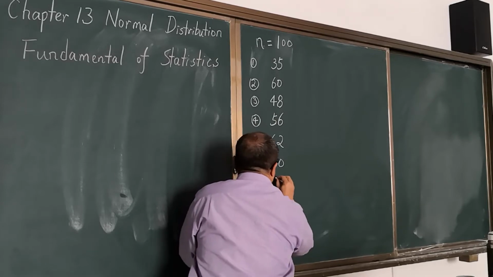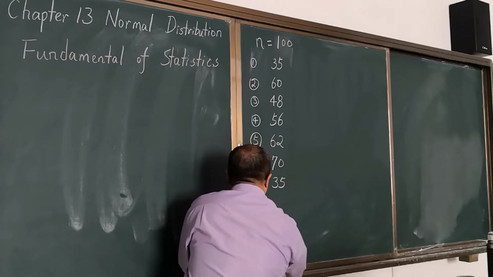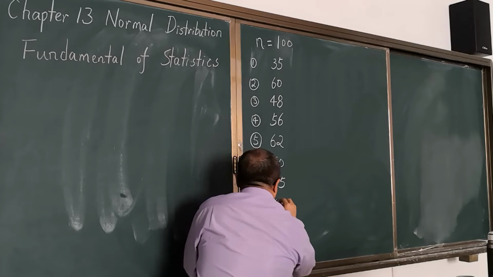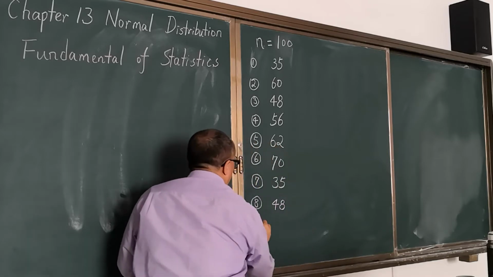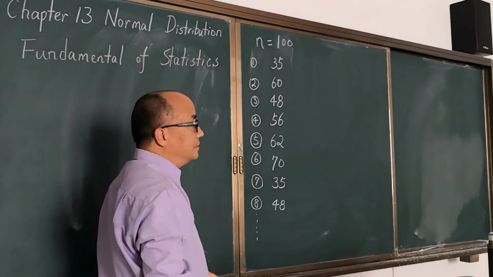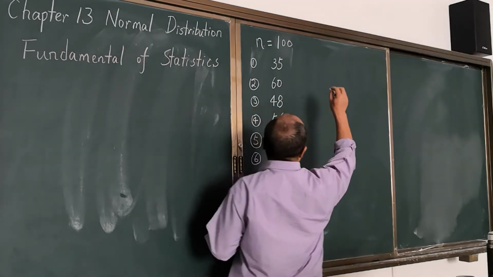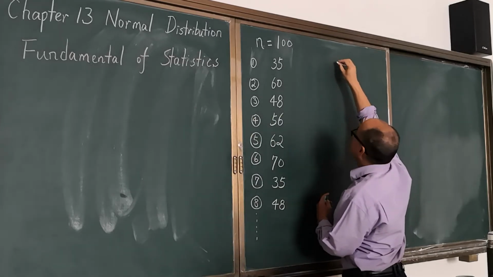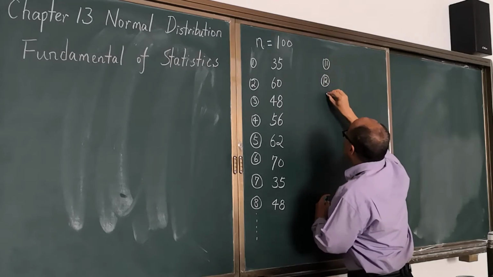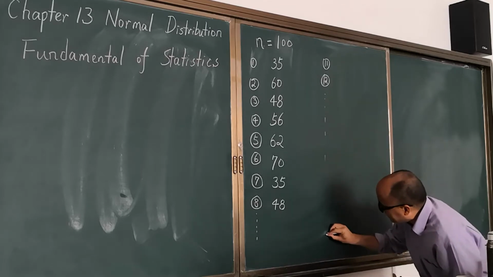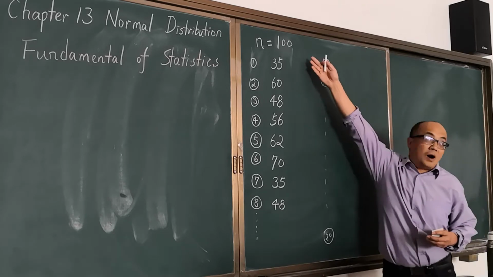I'm writing some fake numbers. And we did 11, 12, and we finished 20 times, right?